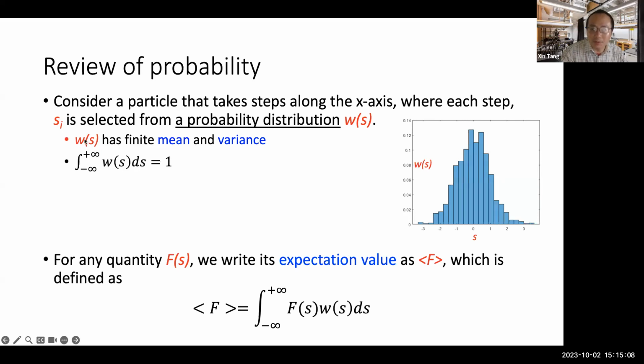Now, this probability density w(s), it is a distribution. This distribution implies the size distribution of this particle in this condition. And then this distribution actually has its mean value. Its mean value means, if you take many steps, what's the value that will most likely happen.